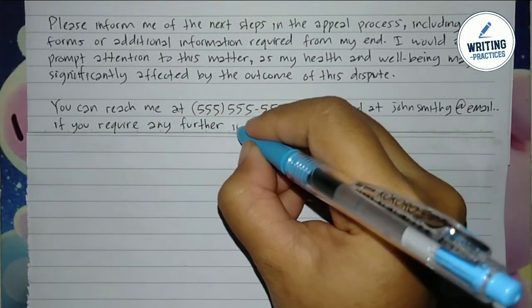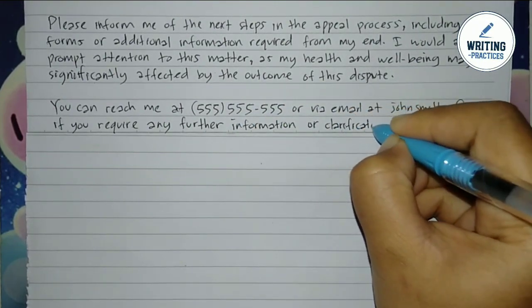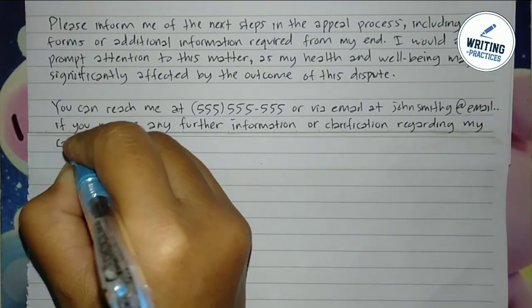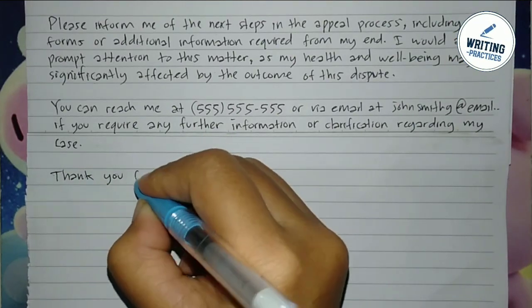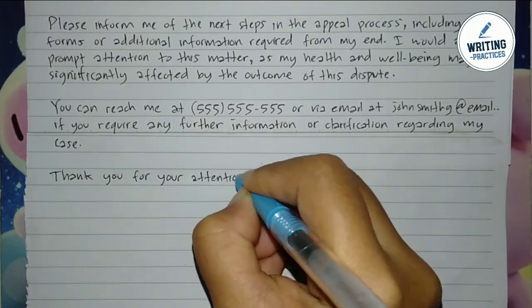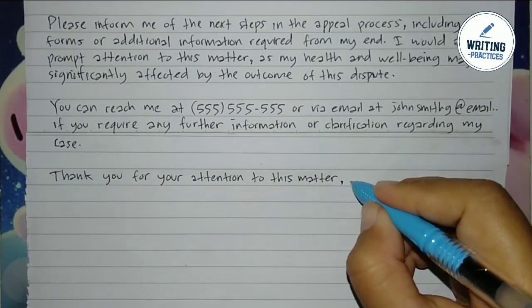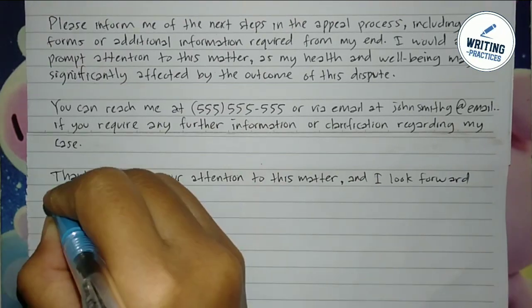Or they may need further details or clarification regarding your case. For the closure, don't forget to thank the recipient for their attention and consideration. Write also that you look forward to a prompt resolution.